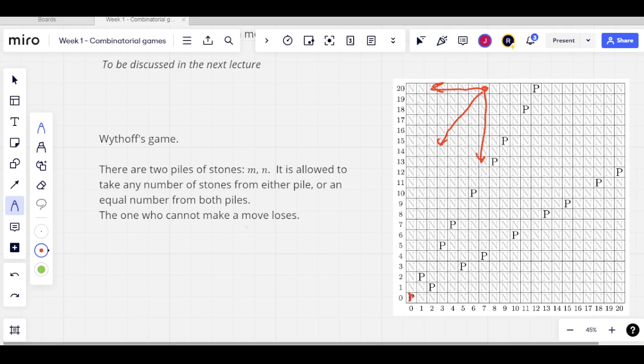Notice that if we cannot move to a position marked P, it means we lose, because N is the winning mark.